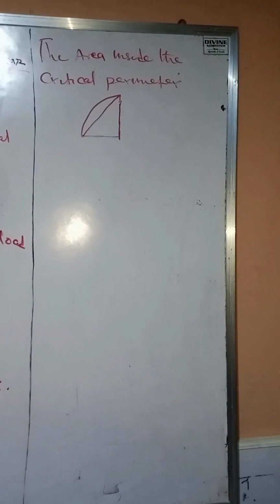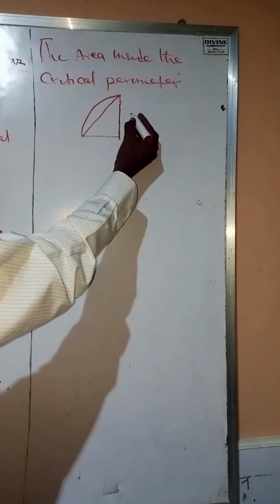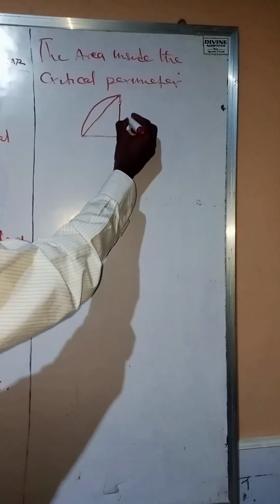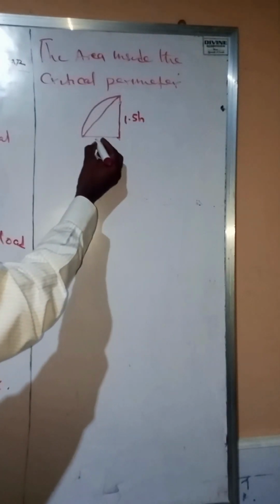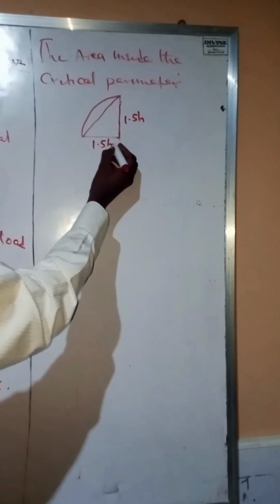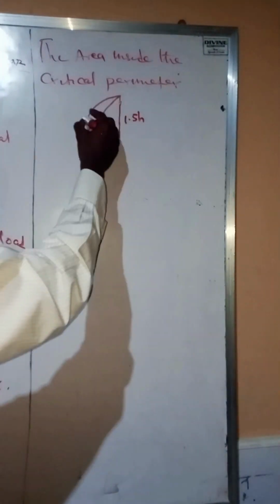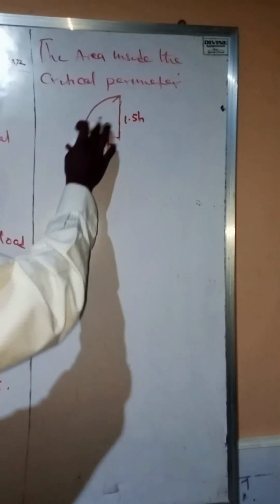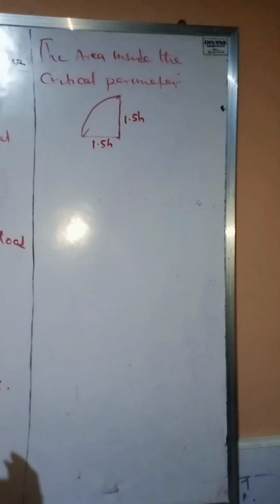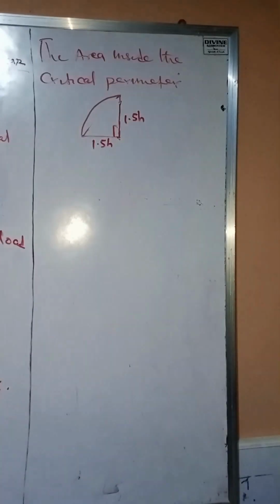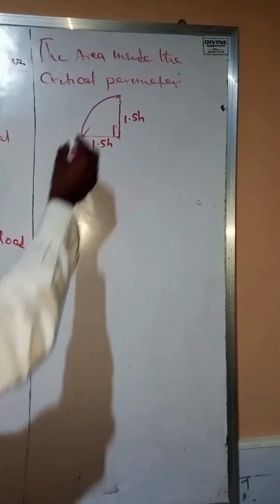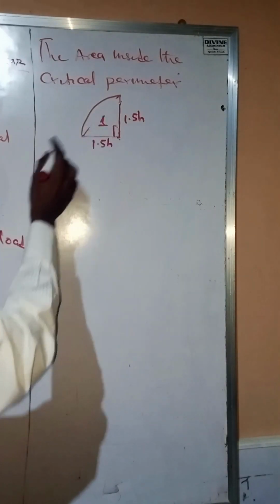All right, now like I said, the distance from the face of the column, we said that distance is 1.5h. So what we need to do, let's calculate the entire area of this sector. We'll calculate the entire area of the sector of the circle. So this is the sector of a circle. We're going to calculate that area. Let's call this sector 1.